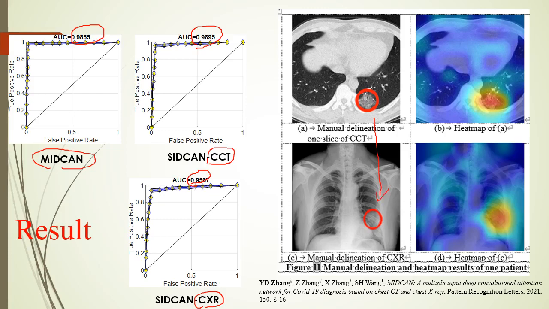The red circles are how the radiologist circled it before our experiment. And on the right side, you can see the heat map generated by the MIDCAN model. As we can see, the heat map generated by the MIDCAN matches the manual delineation from our radiologist.